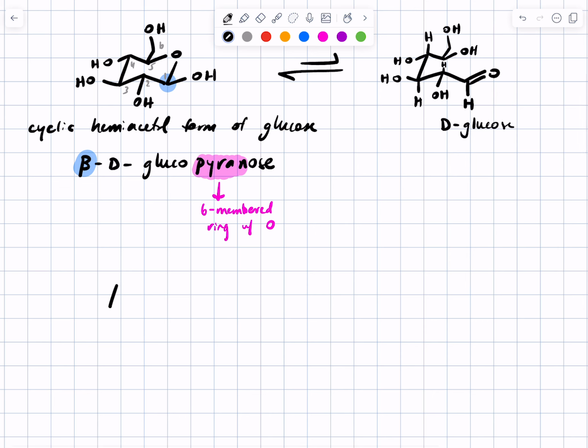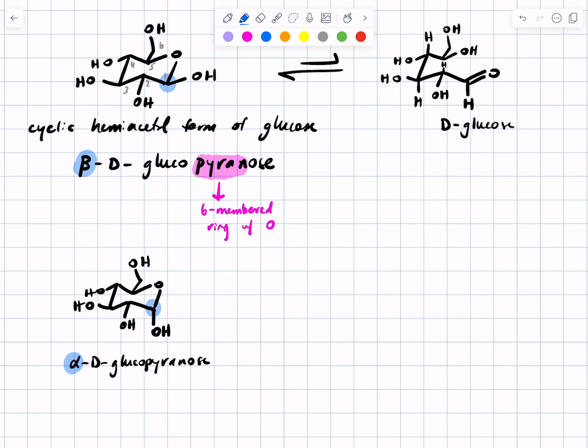So we can draw an alternative form of glucose in which the OH at carbon 1 is down, but everything else is in the same position. We call this alpha-D-glucopyranose. What's the stereochemical relationship between alpha and beta D-glucopyranose?